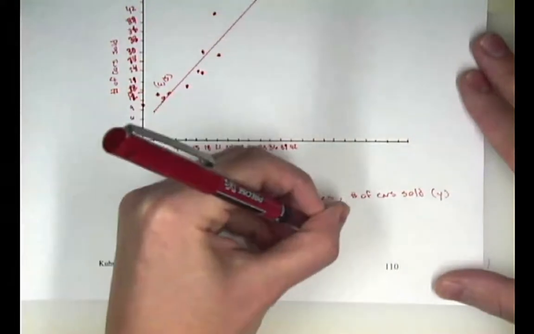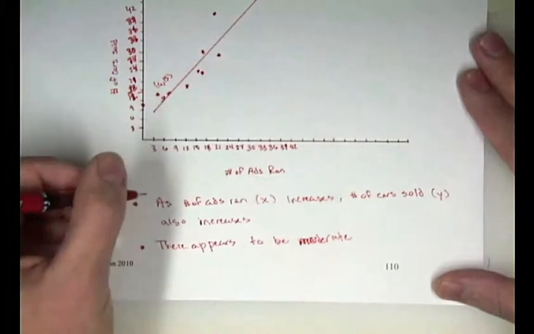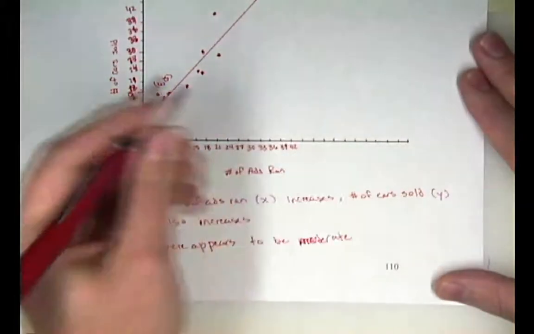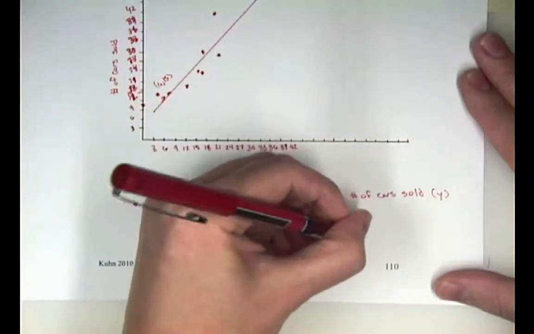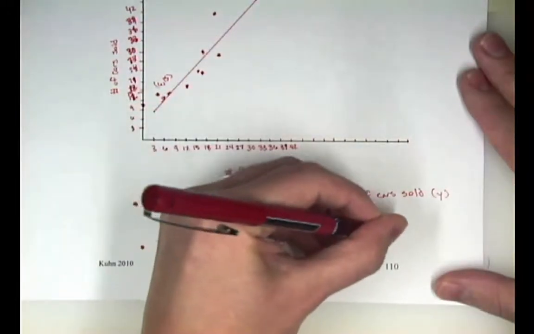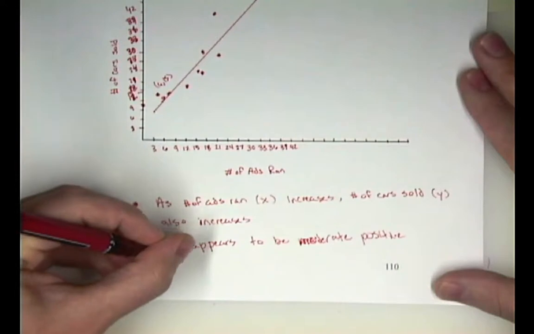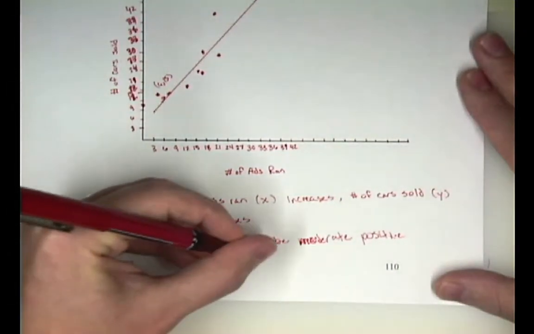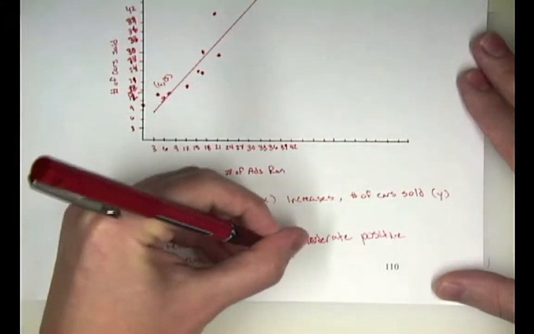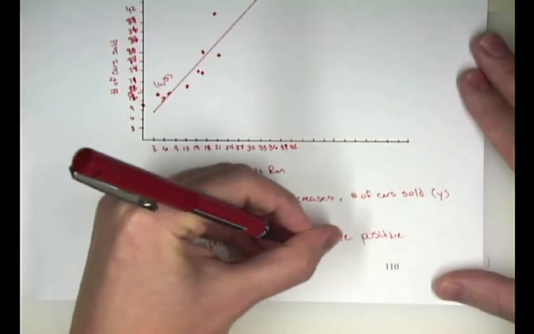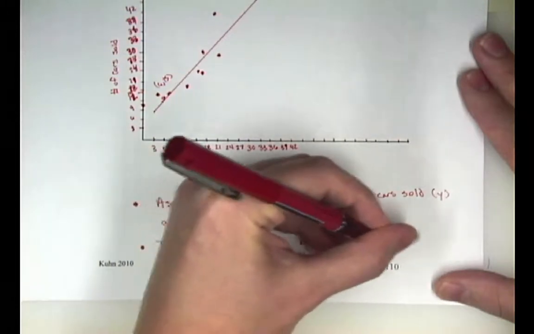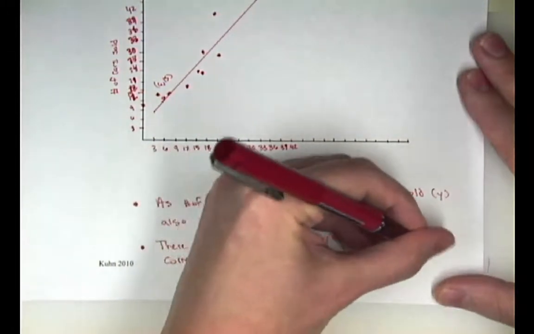Based on my experience, let's go for moderate. Talk about what kind of correlation, whether it's positive or negative. It's positive because the slope is positive, so positive correlation between, and then just state your two variables: number of ads ran and number of cars sold.